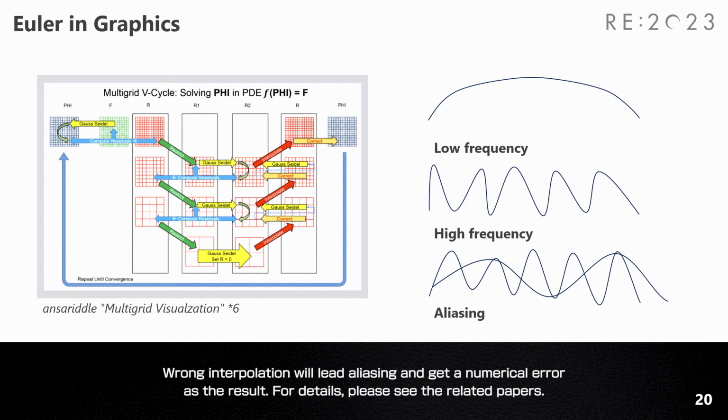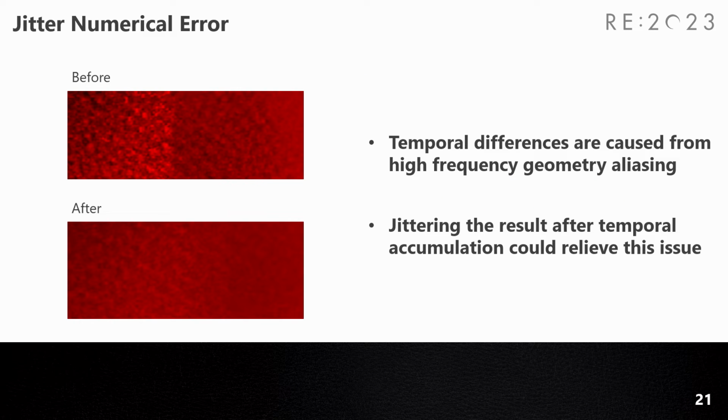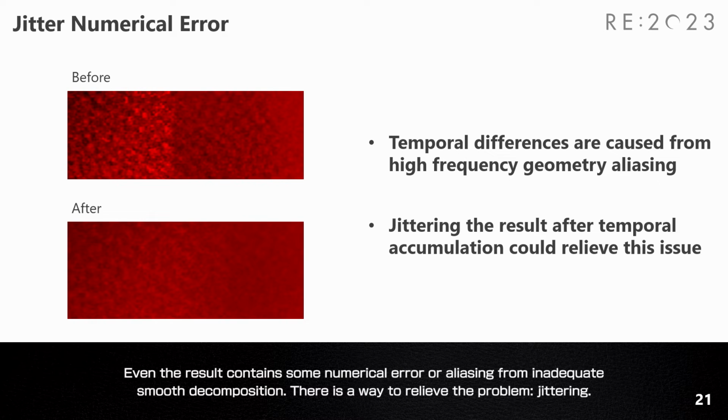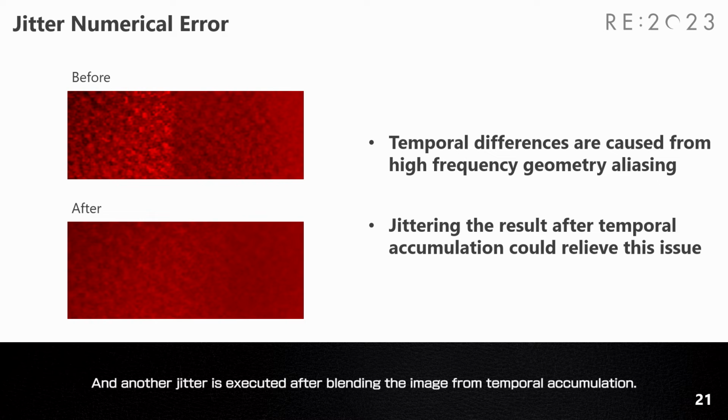For details, please see the related papers. So, to not make the logic too complicated, even if the result contains some numerical error or aliasing from inadequate smooth decomposition, there is a way to relieve the problem: jittering. And another jitter is executed after blending the image from temporal accumulation.